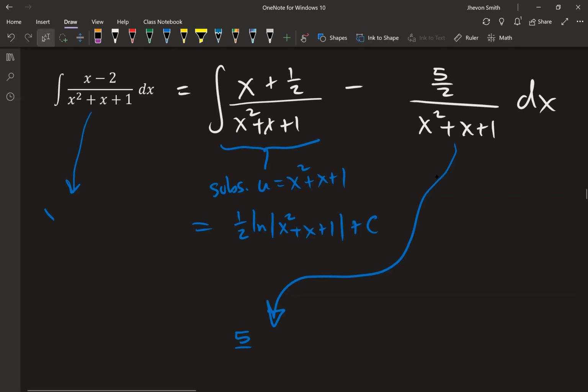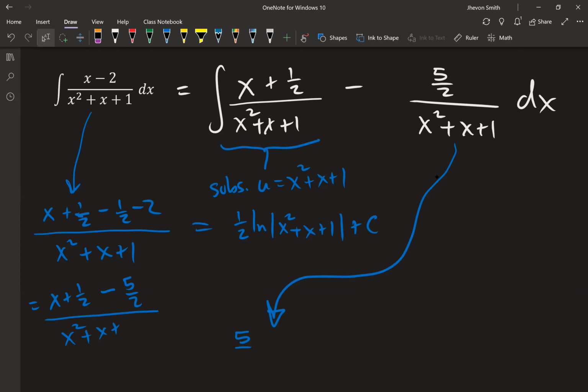So what I can do is I can just take x plus a half and minus a half. So this is going to give me x plus the half minus a half minus 2 is minus 5 halves. And so that's how I decide to break it up.